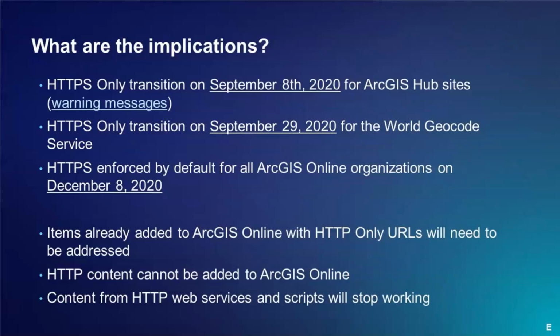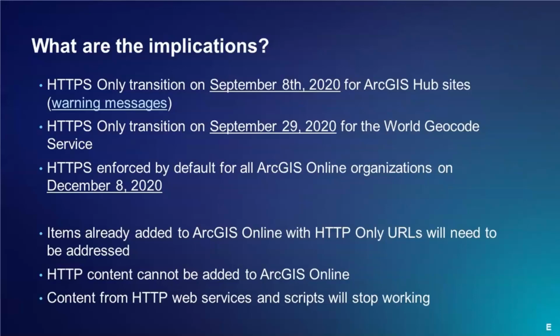And then as of December 8th, the default of HTTPS only for all ArcGIS Online organizations will be enforced. So what does this mean? Items already added to ArcGIS Online with HTTP only URLs will need to be addressed. You will no longer be able to add HTTP content to ArcGIS Online.